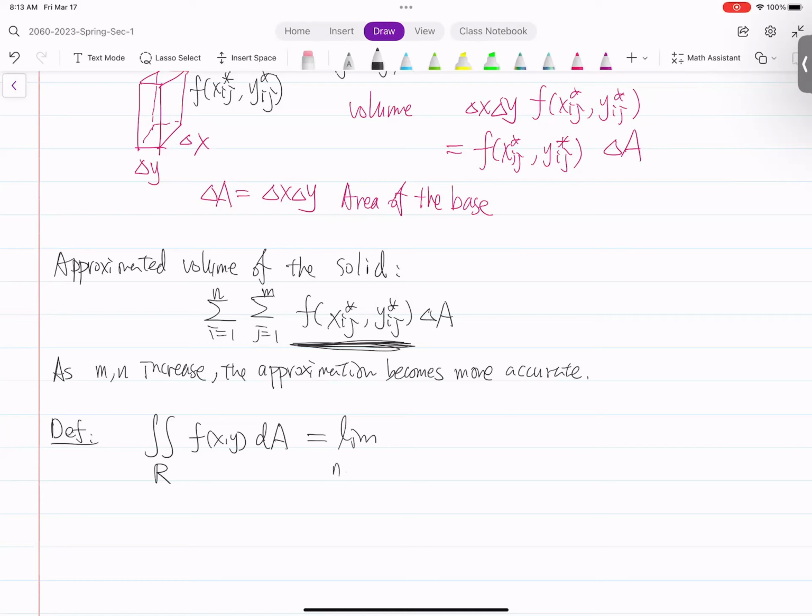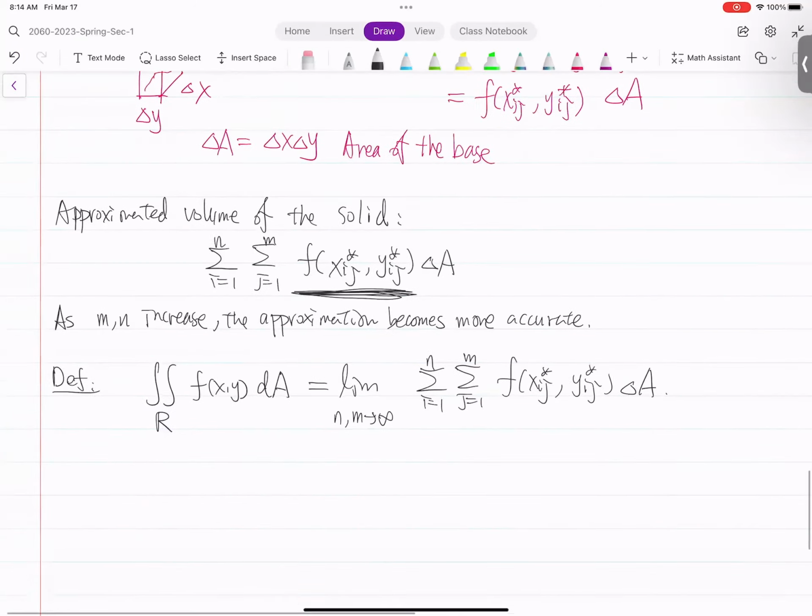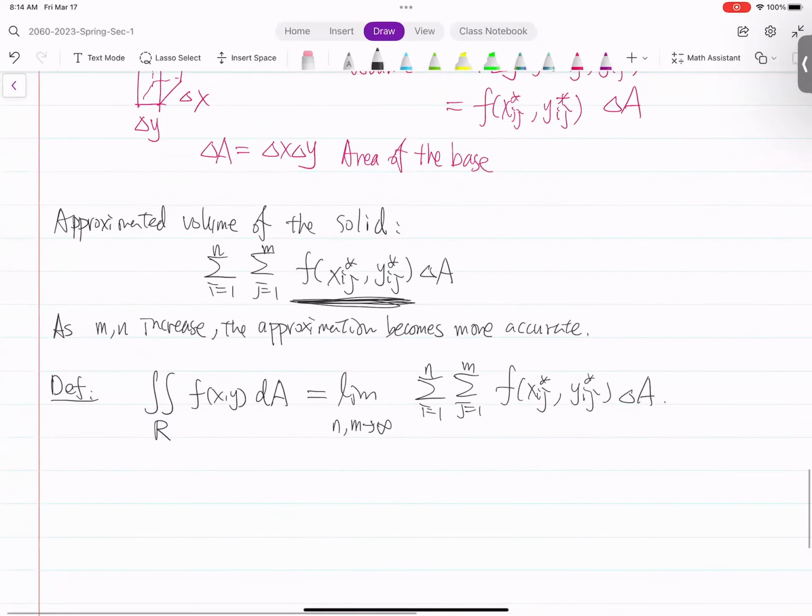And here, this is exactly the limit when you push m and n to infinity. And here, you are taking the limit of the Riemann sum. So this is the definition of the double integral.